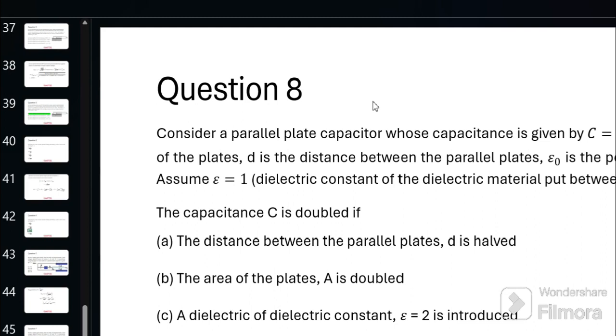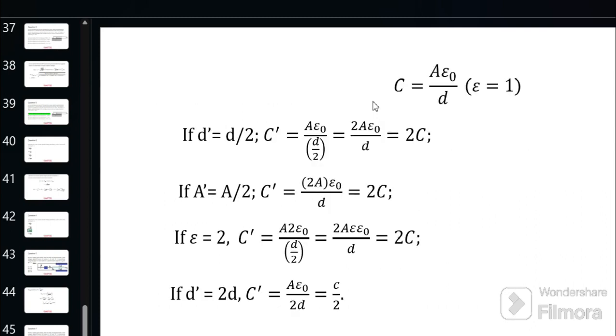So this is a multiple choice question. Here we substitute each of the cases in the equation that has been given to us earlier. So in the first case, which is half the distance, we see that the capacitance is doubled.